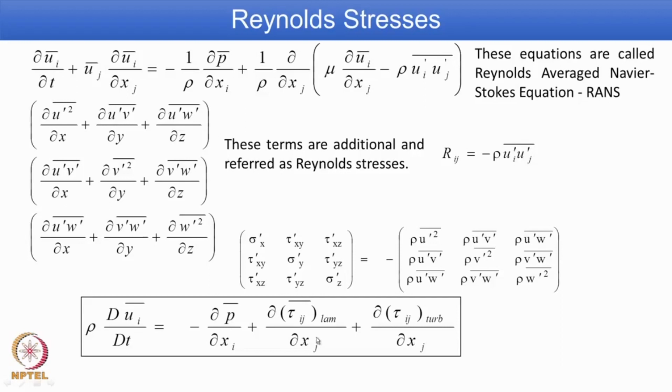You compare the order and the role played by each term appropriately to apply it to turbulent flows. Now, the job is to model these unknown terms, there are 6 additional stress terms, and the procedure to model these 6 additional stress terms is what is known as turbulence modeling.